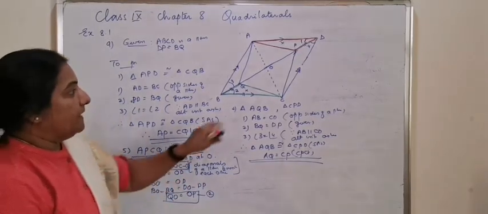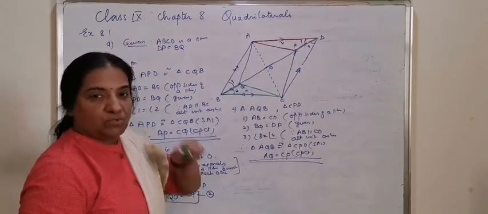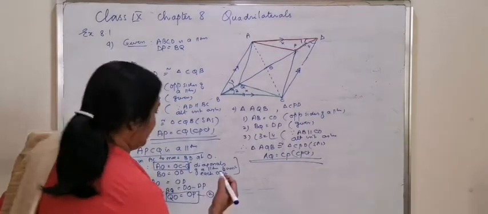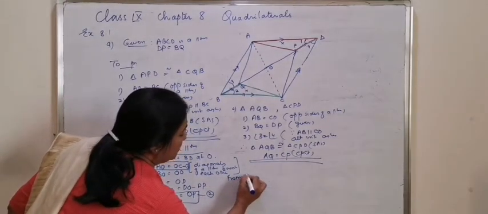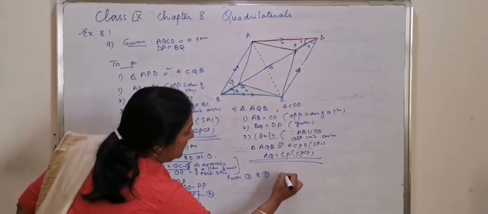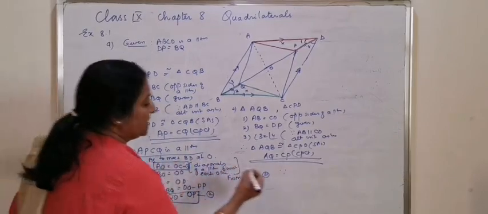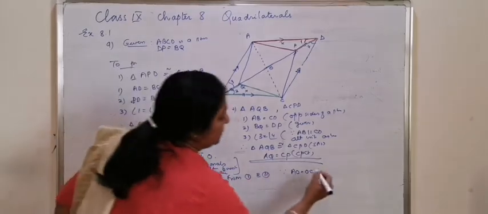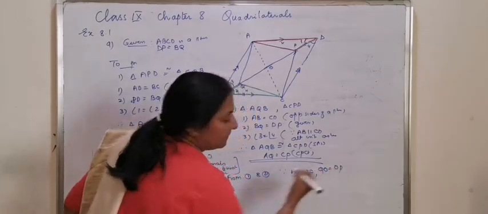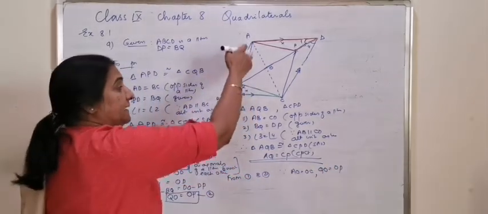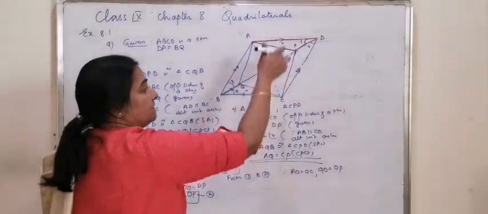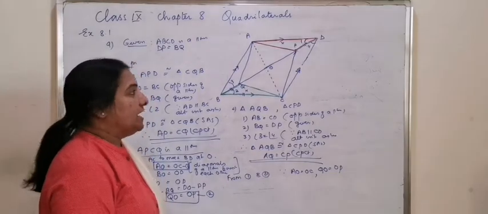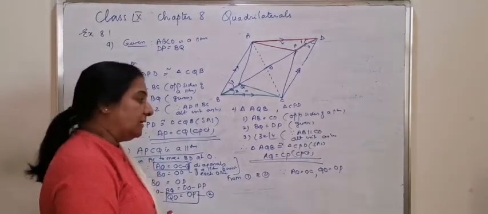That is, AO is equal to OC and QO is equal to OP. From 1 and 2, since AO is equal to OC and QO is equal to OP, they are the diagonals of AQCP, and since these diagonals bisect each other, AQCP is a parallelogram.